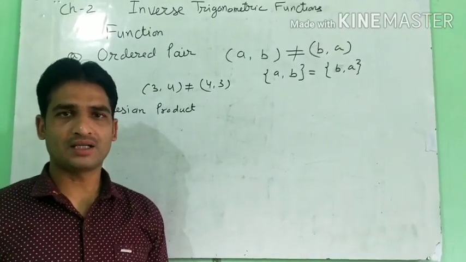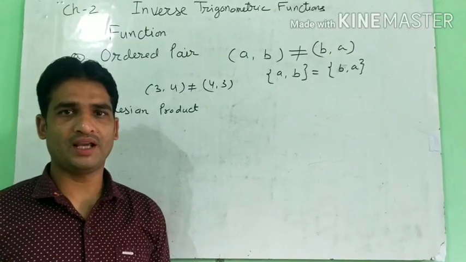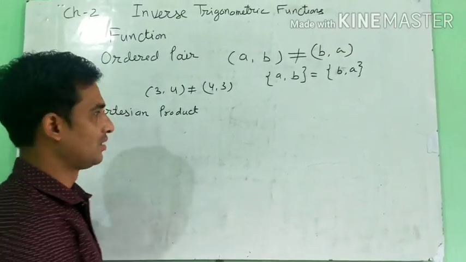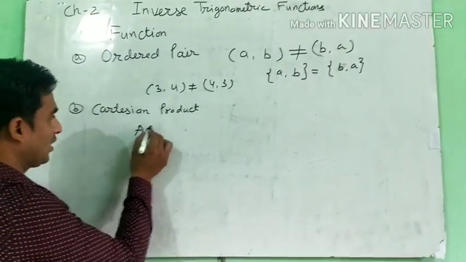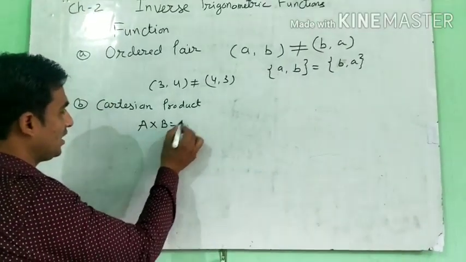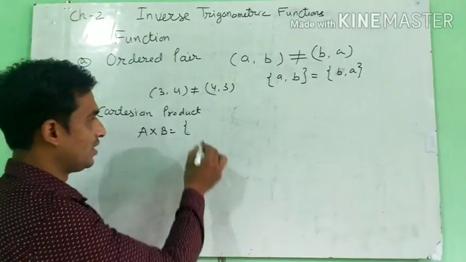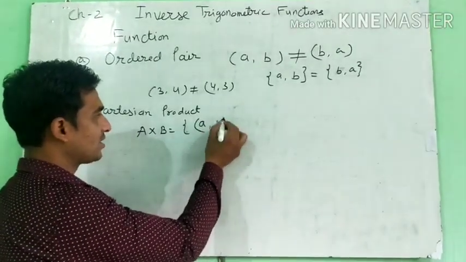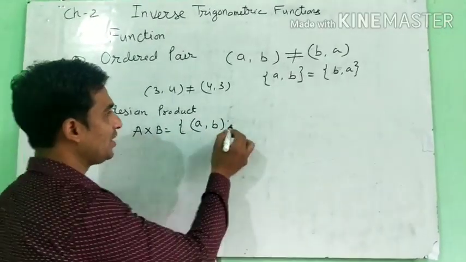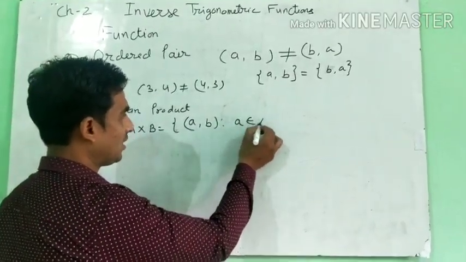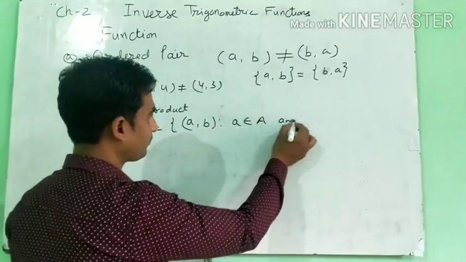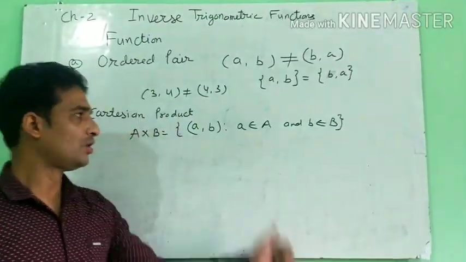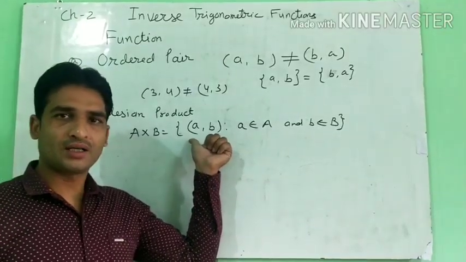Then Cartesian product of A and B is defined as A cross B is equal to the set of all ordered pairs (a, b) such that a belongs to A and b belongs to B. So what is Cartesian product?